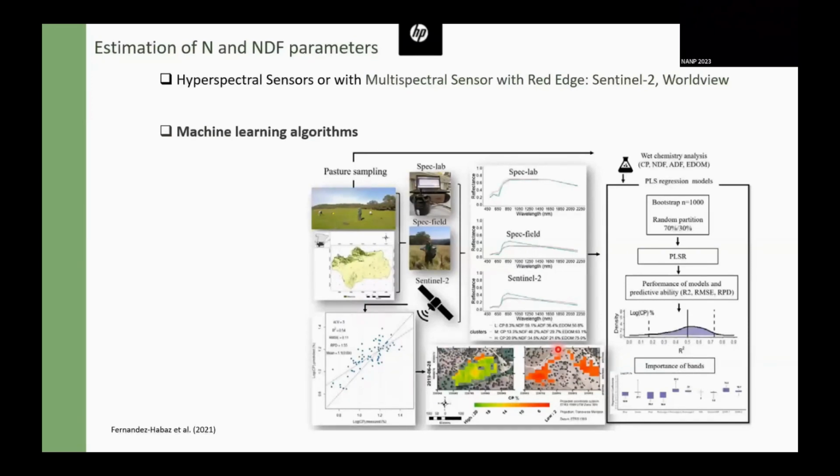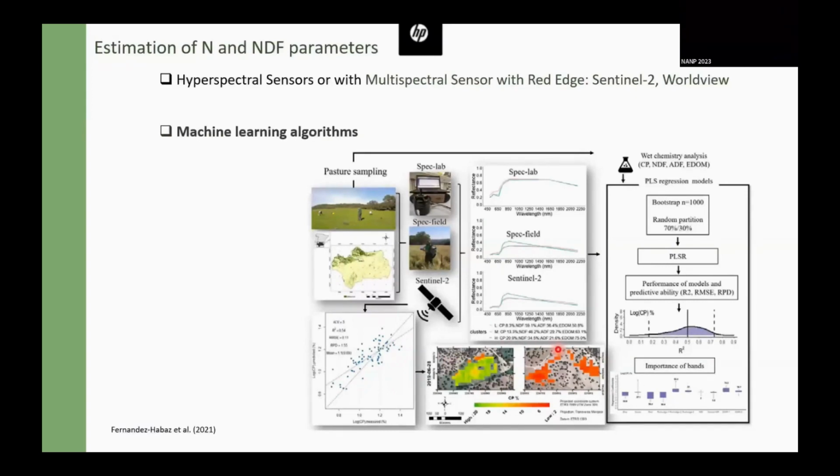And those red edge regions of Sentinel-2 have been shown to be able to capture this variance in nitrogen and fiber content of forage grasslands. As you can see in this example here, this is a graphical example where the authors compare the Sentinel-2 with two spectrometries from the field and from the laboratory, and they concluded that the Sentinel can be used in those models.